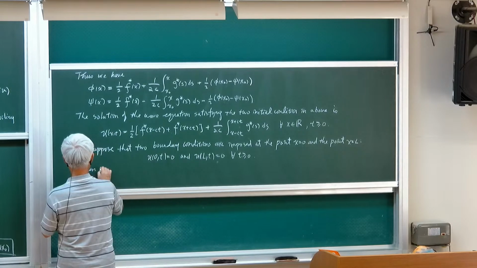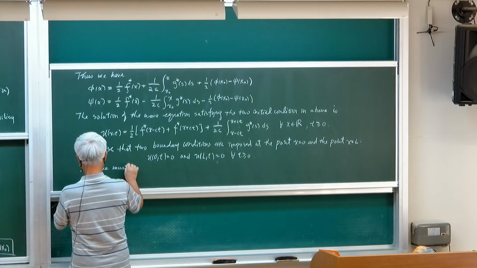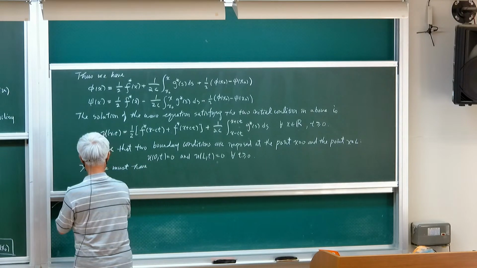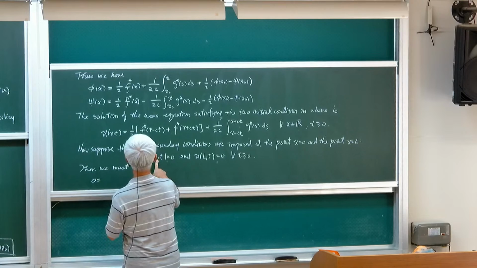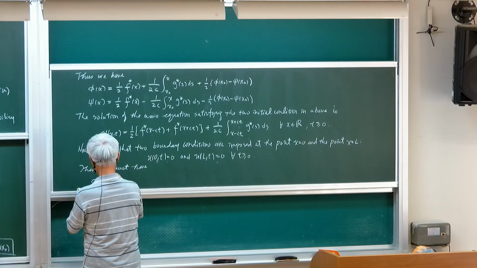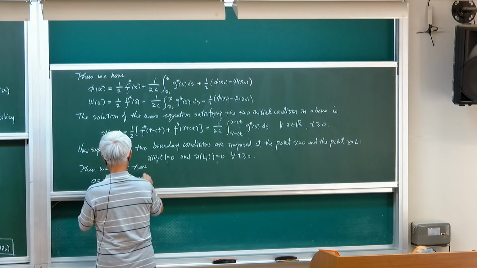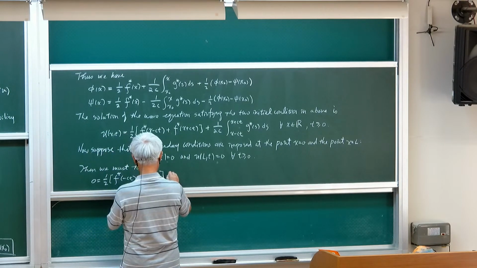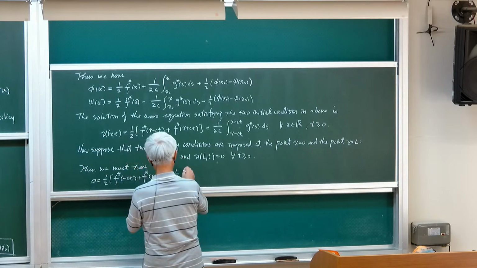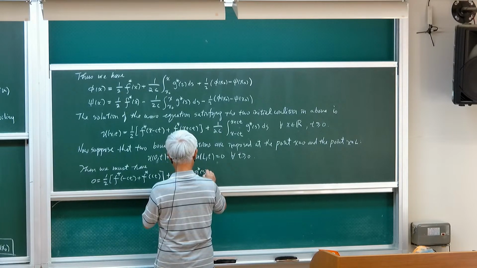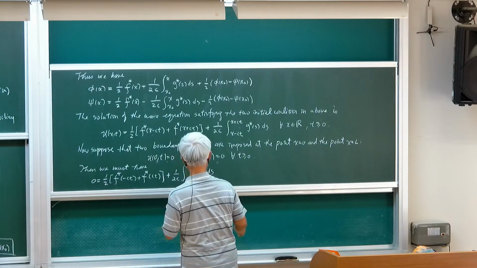Then we must have here that it is 0, right? And we put x equal to 0, so that is 1/2 of f star of minus ct plus f star of ct, plus 1 over 2c, integral from minus ct to ct of g star s ds. So, okay, this is 0.